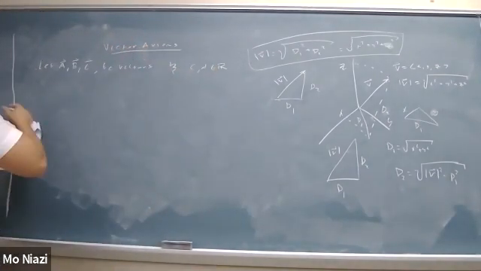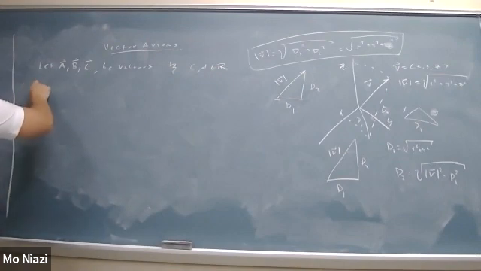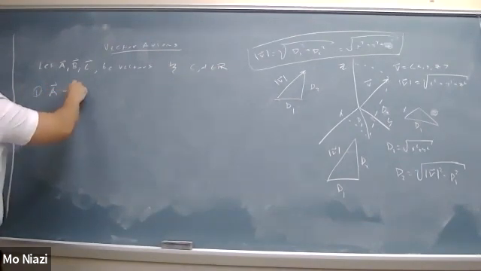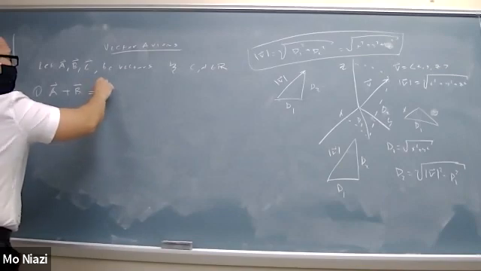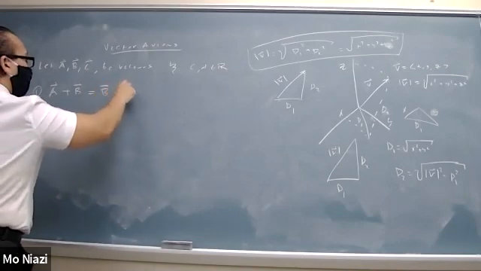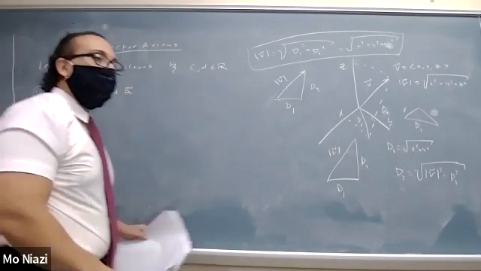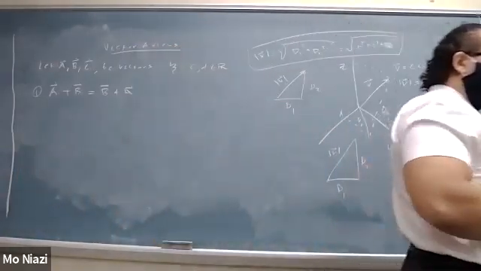We have the following axioms. We have the first axiom that vector A plus vector B would be the same as vector B plus vector A. This is called the commutative property of vector addition.